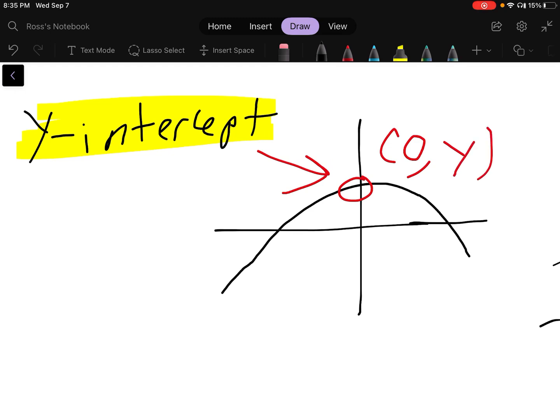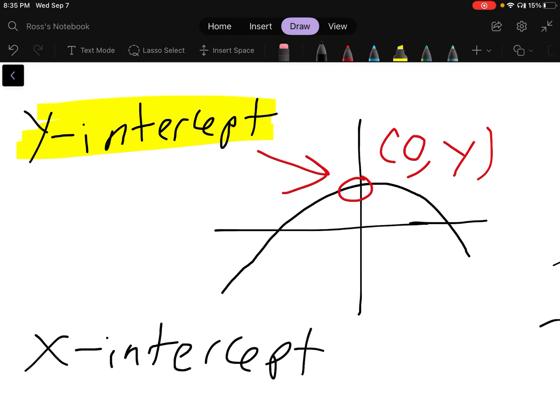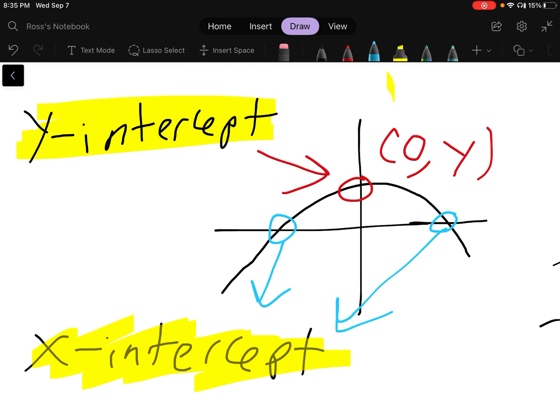On the other side, the x-intercepts, one or two or many, will happen when the function touches the x-axis. So here and here. And here, critically, the coordinates are some x value, but the y is 0.